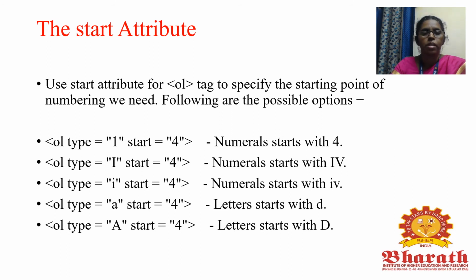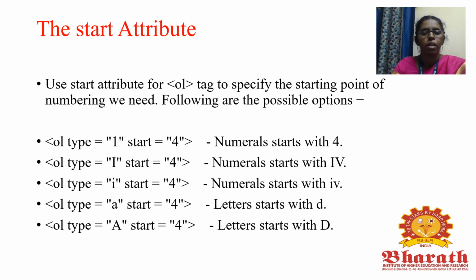Suppose instead of starting from the beginning, you want to start from the middle or from a specific position, then you can use the start attribute within the OL tag. The OL tag start attribute is used to specify the starting point of the numbering.